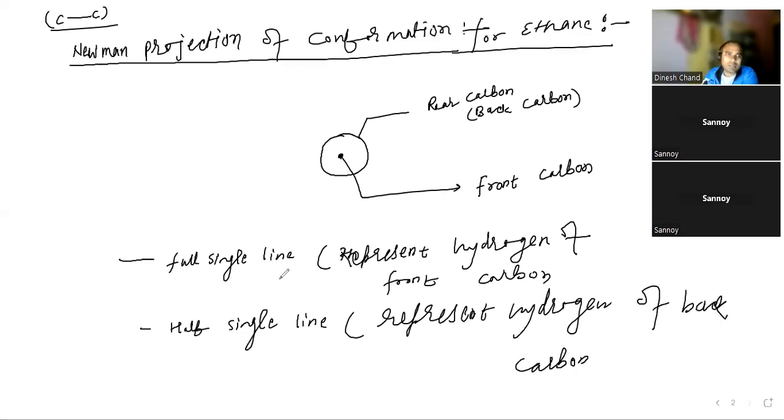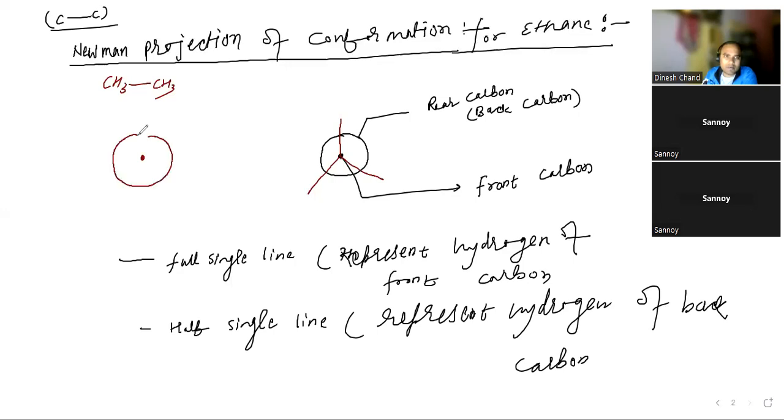Now let us try to understand what we can do here. Talking about ethane, what is the formula? C2H6, yes or no? Yes, sir. Now, this full line I am representing, so let me represent one more structure.